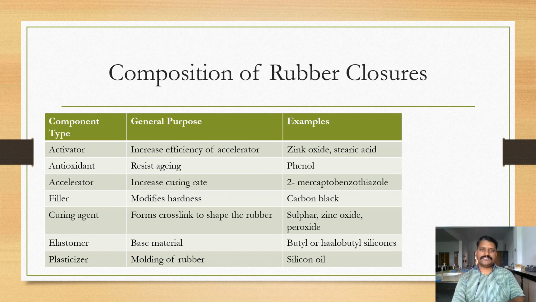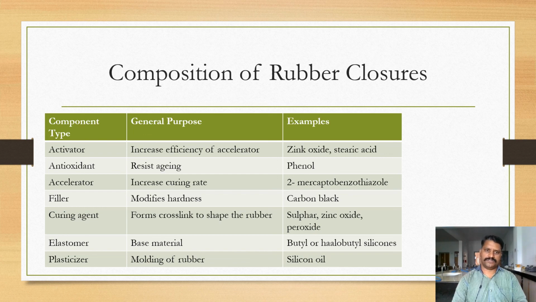Antioxidant: resists aging, and the example is phenol. Accelerator: increases the curing rate, and the example is 2-mercaptobenzothiazole. Then filler modifies the hardness of the rubber closure, and the example is carbon black. Curing agents form a crosslink to shape the rubber, and the examples are sulfur, zinc oxide and peroxide.